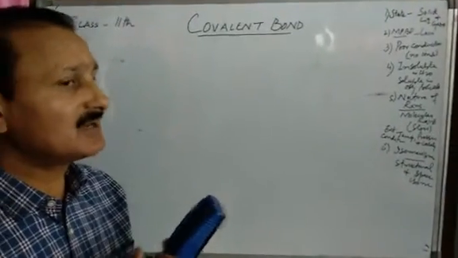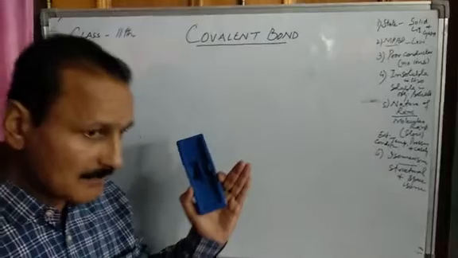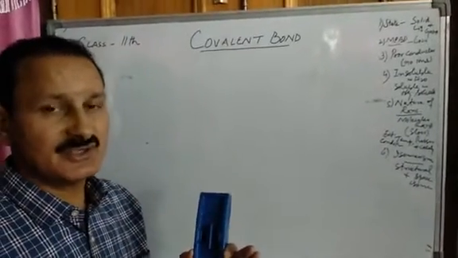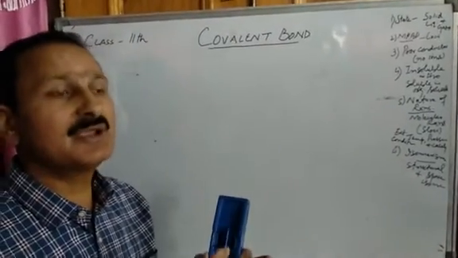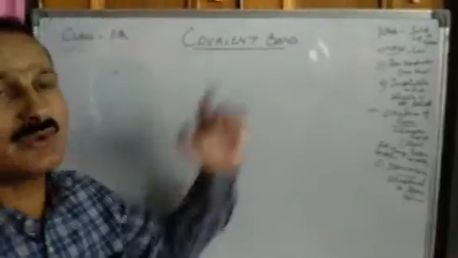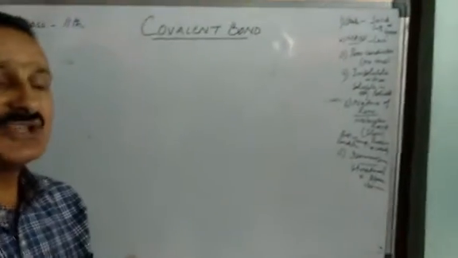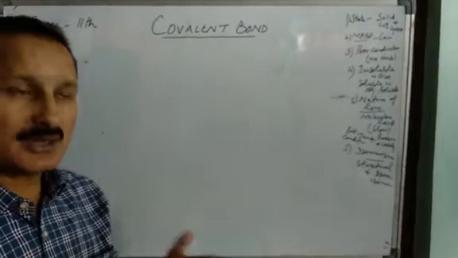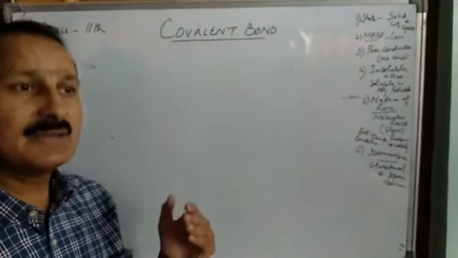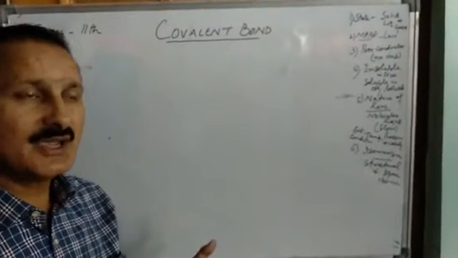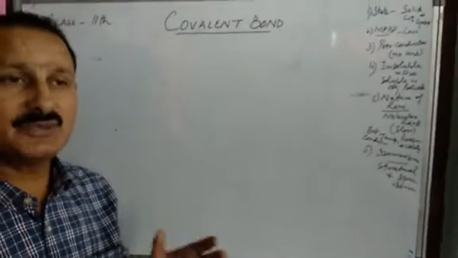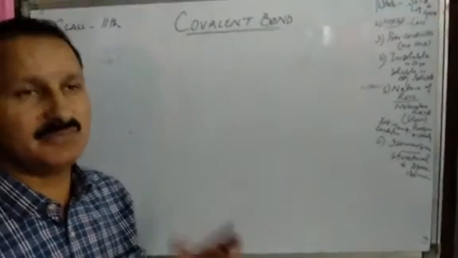And thus what happens in this bond? The combining atoms contribute and share the electrons, forming a special class of bond known as covalent bond. Sometimes there is mutual sharing of one pair of electrons, sometimes two pairs, and on some occasions there can be sharing of 3 electron pairs.